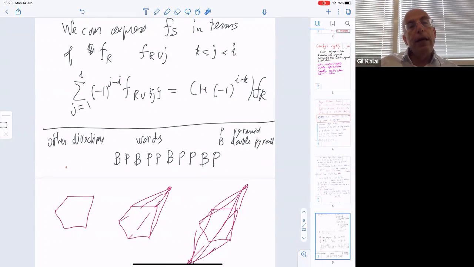And Margaret Bayer and Lou Billera use the following construction. They considered two operations. One is forming a pyramid. If you have a polytope, you can add a new dimension and a vertex in this extra dimension and take the convex hull.